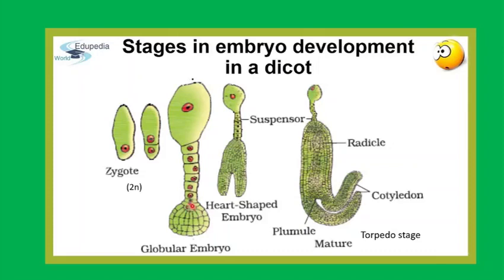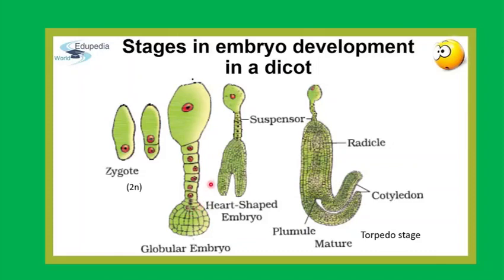Then it divides again to form an 8-celled embryo, the octant stage. In the octant stage, the 4 cells at the apex give rise to the plumule, which forms the future shoot system, and the other 4 cells give rise to the hypocotyl, followed by the radicle, which forms the root system.